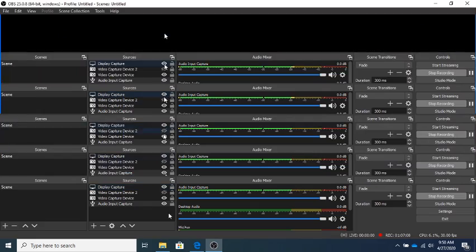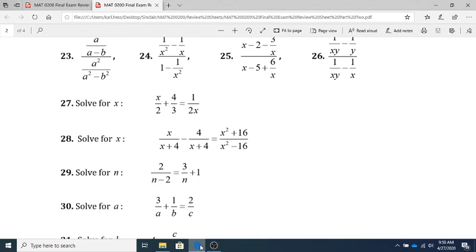So let's see what's on the sheet there. It says solve for n. Solve for n. And then it gives us 2 over n minus 2 equals 3 over n plus 1.